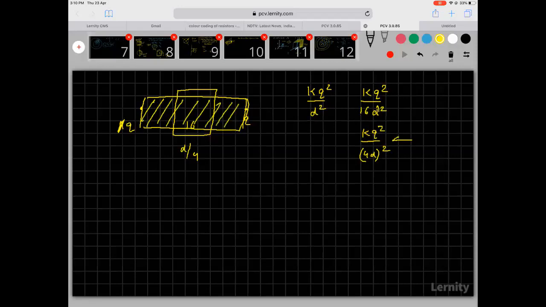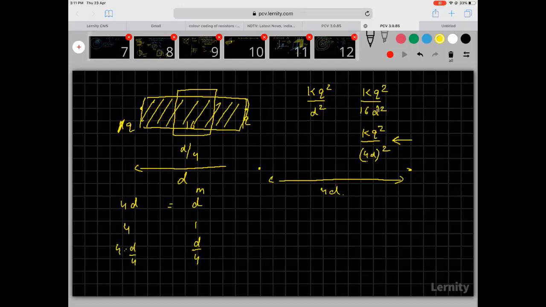That means a region having a separation d fully stuffed with dielectric has the same force as 4d in vacuum. So d in medium is equal to 4d in vacuum, so d by 4 in medium will be equal to d in vacuum.